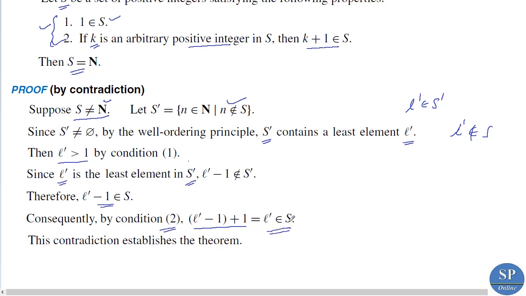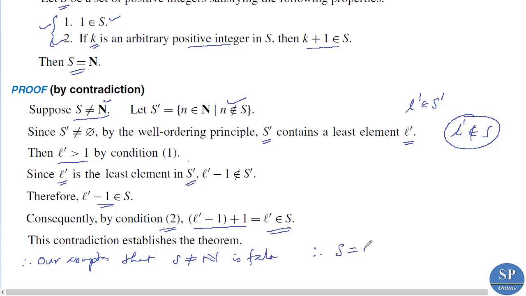So L dash belongs to S, but it is a contradiction to the assumption that L dash does not belong to S. So we arrived at a contradiction. So our assumption that S is not equal to N is false. Therefore, our assumption that S is not equal to the set of all natural numbers is false.